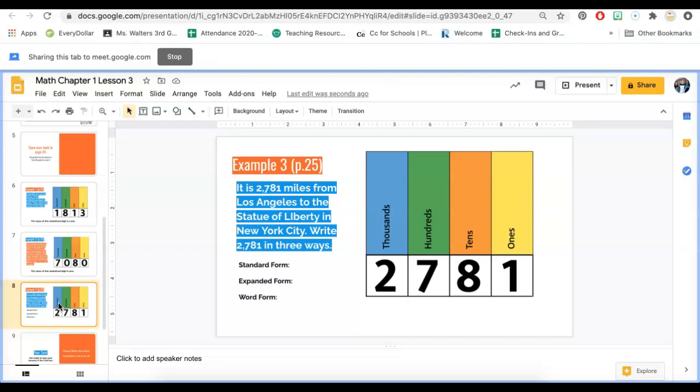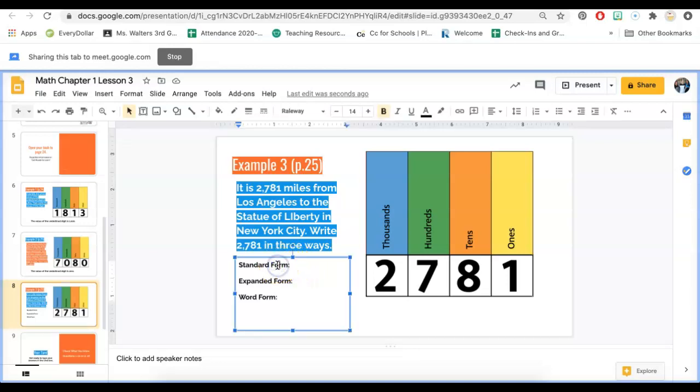So on number 3, it says, it is 2,781 miles from Los Angeles to the Statue of Liberty in New York City. Write 2,781 in 3 ways. So if we wrote it in standard form, all we would need to do is write the number. So 2,781.